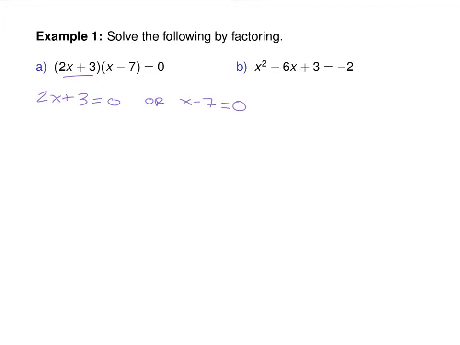Once you've reduced them down, they're two linear equations, right? So the first one is 2x equals negative 3. And what's your answer from that one? Negative 3 halves. Yep, you divide negative 3 by 2. And the other one is x equals 7. Great.